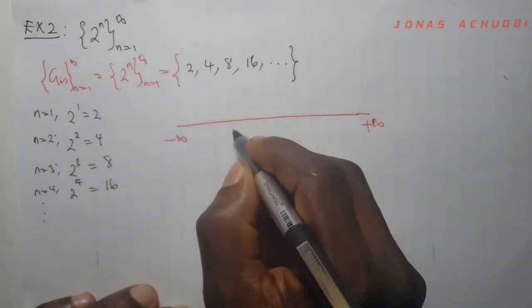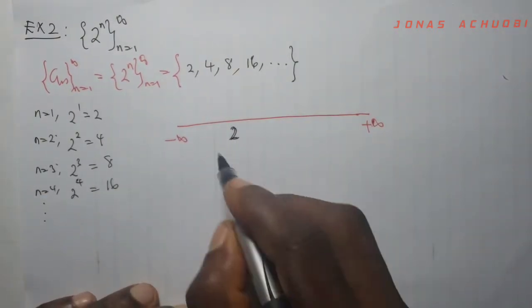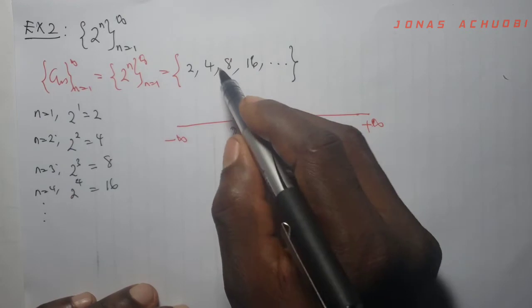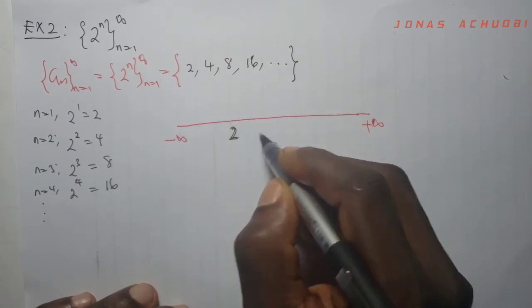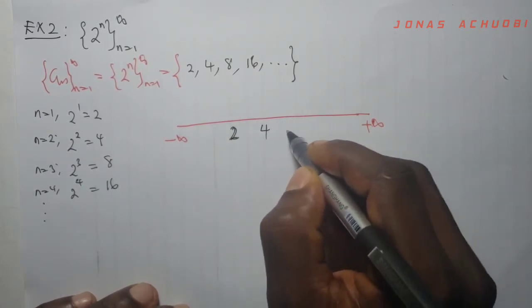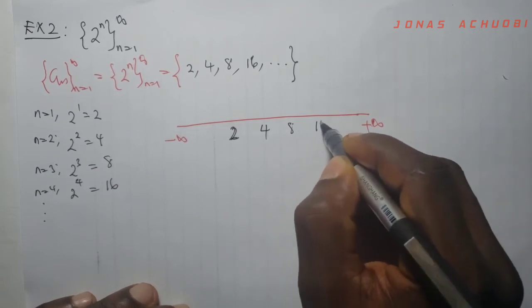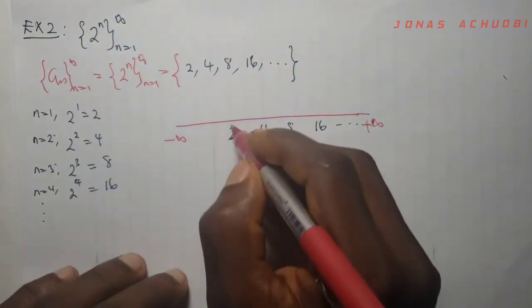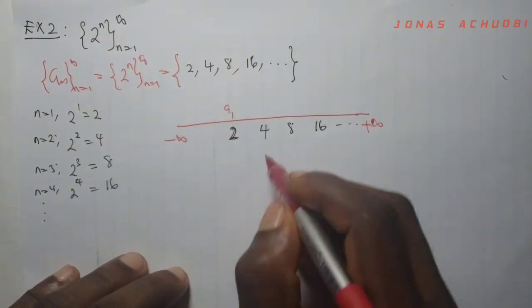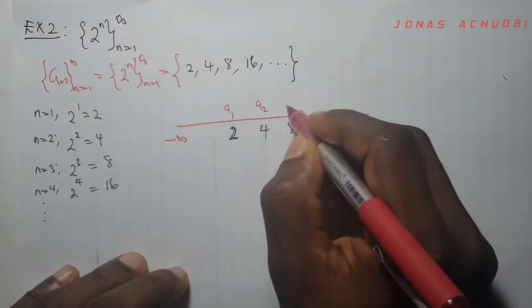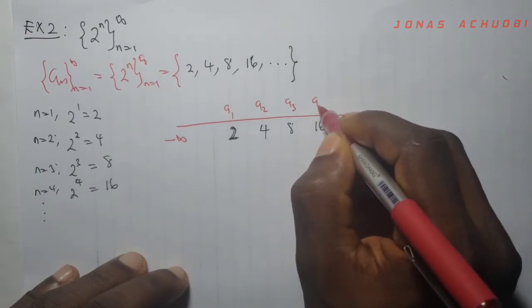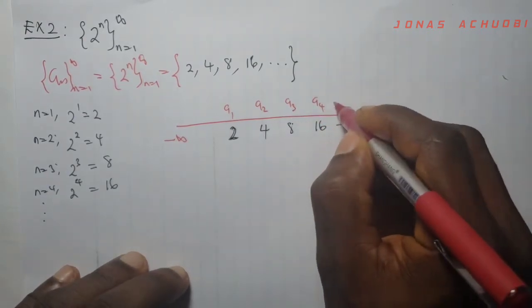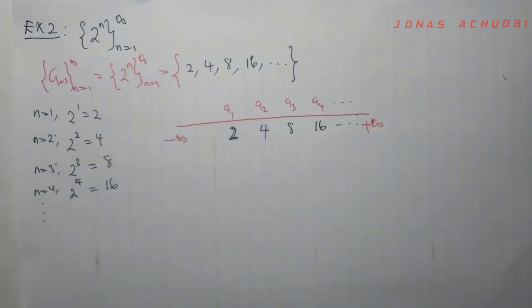Now 2 is somewhere here, so that corresponds to the first term. 4 is to the right of 2 because it's bigger than 2, so this is 4. 8, 16, and of course, the terms go on forever. So 2 here corresponds to A1, my first term. This is A2, my second term. A3, the third term. And of course, A4, the fourth term. And the terms go on forever.